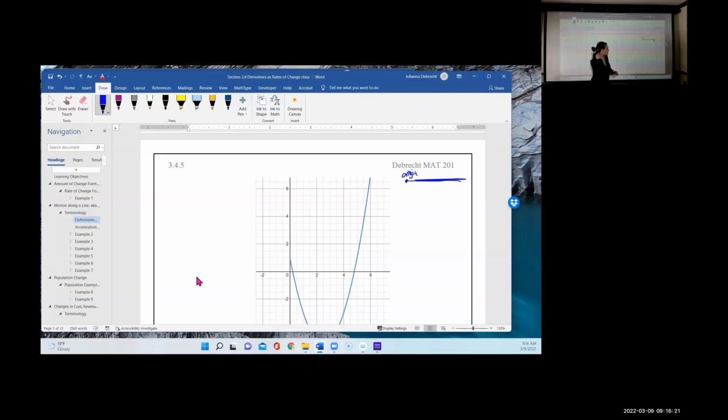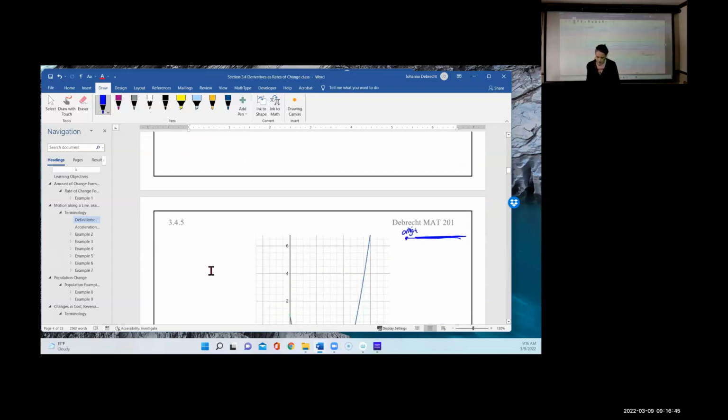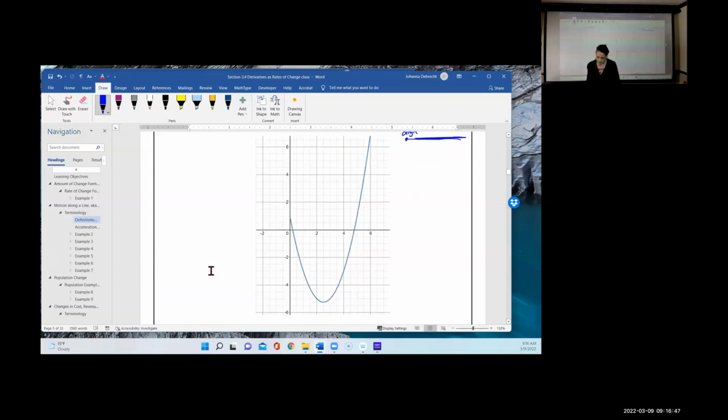That's what the particle is actually doing. The particle is traveling in a linear motion, so in a line. But the position of where it is on the line in relation to the origin is given by that equation that we had a second ago, t squared minus 5t plus 1.